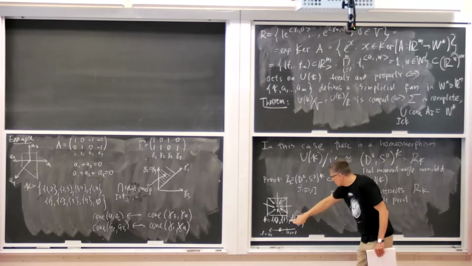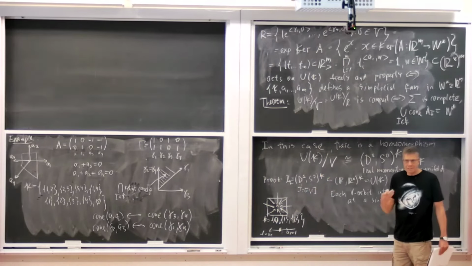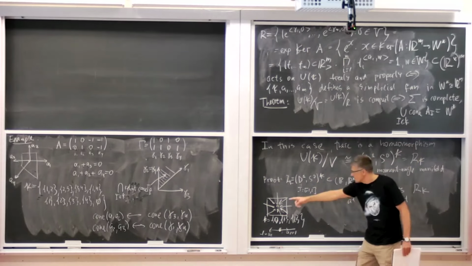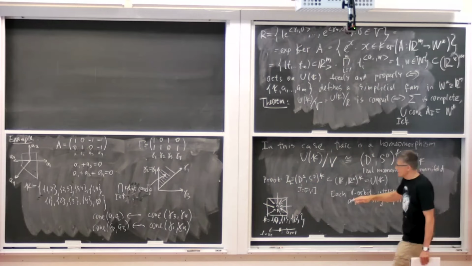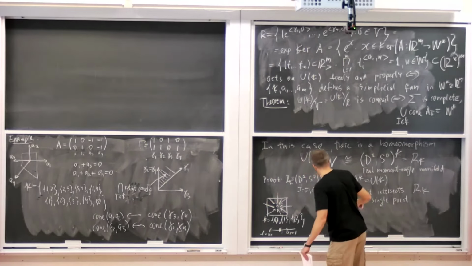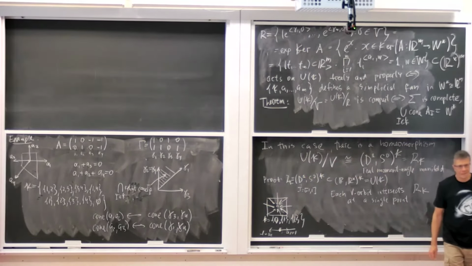If K is just those 2 points, then the real moment angle complex is this square formed of 2 segments. And you can see that this square intersects each orbit of the V action at a single point.